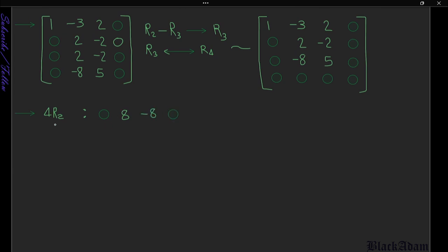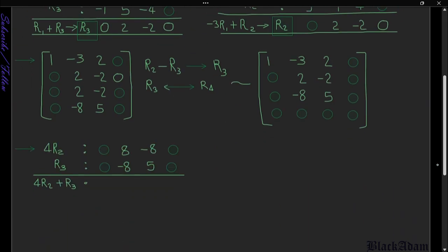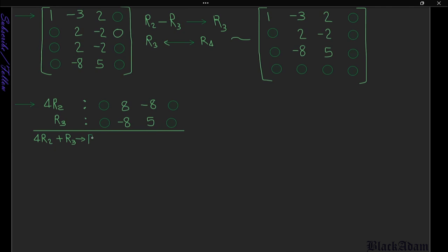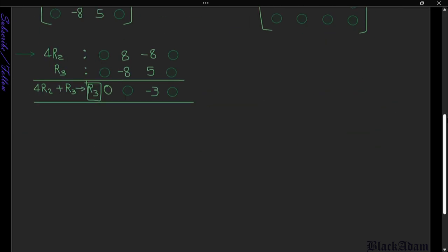And then we have row 3, which is 0, -8, 5, and 0. Then we add them together, row 2 plus row 3, and all of that should give us the new row 3. So that's 0, 0, -3, and 0.